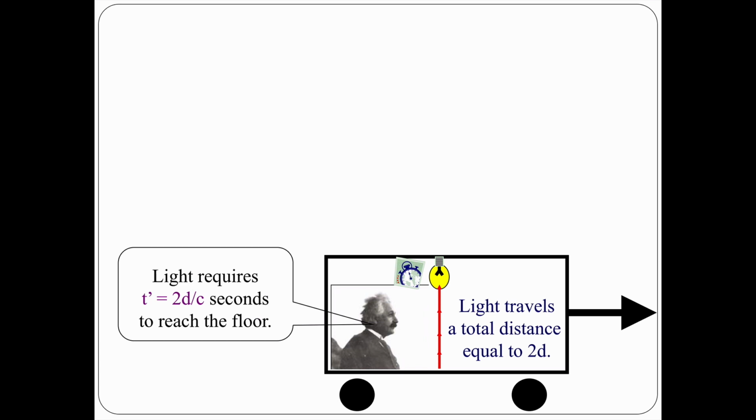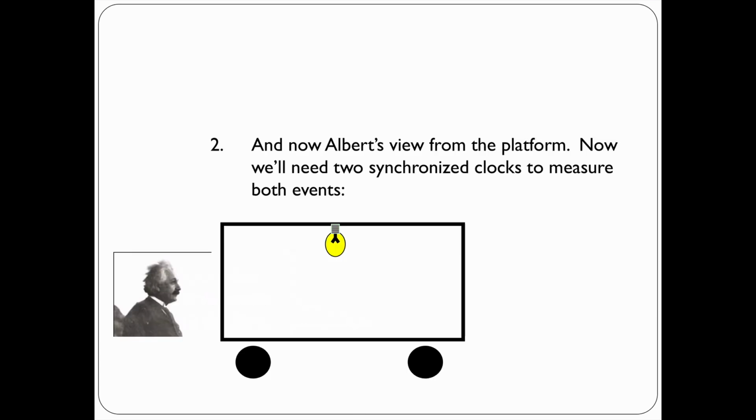Okay, now, what if you're on the station platform and watching the same thing? You're looking into the train and you're trying to measure how much time it takes for that light. This is basically a light clock, right? So now, we put Albert on the platform and he looks in.